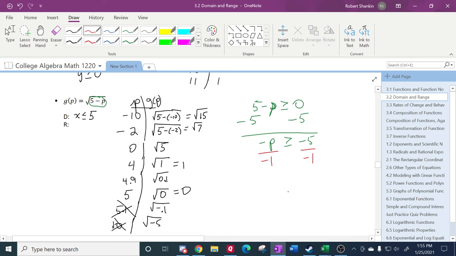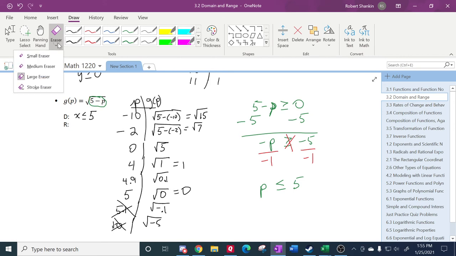And from a previous course you might remember that when you multiply or divide both sides of an inequality by a negative number, you have to switch the sign of the inequality. P is now less than or equal to 5. And that's the same as the answer I got before. I should never have called it x. That's p.